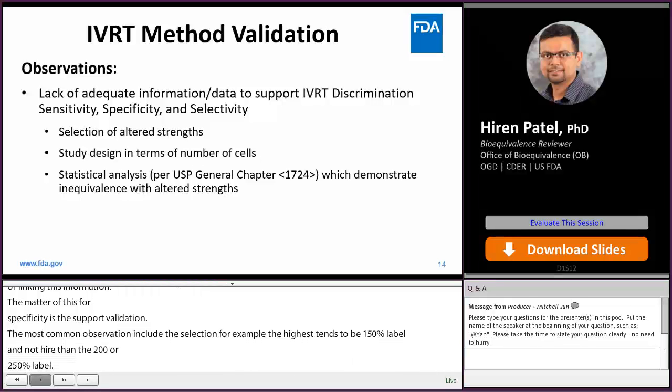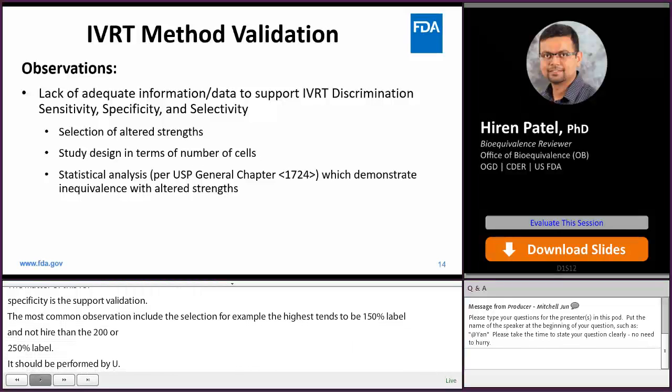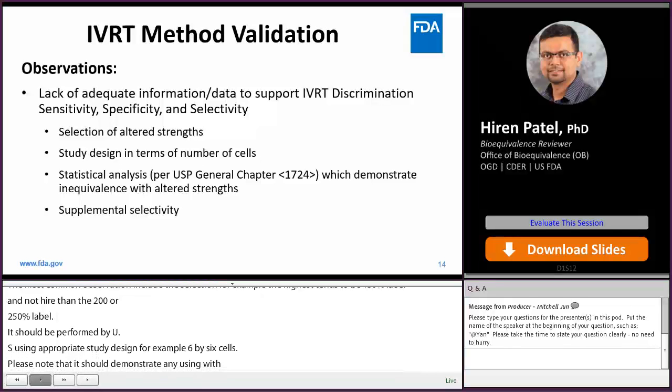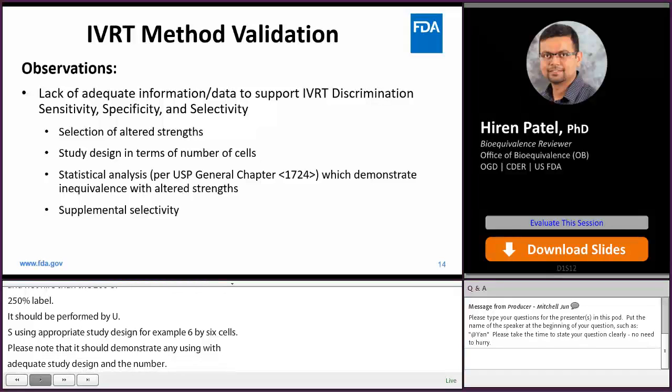Please note that the altered strength should demonstrate inequivalence compared to the nominal strength using the Mann-Whitney test with adequate study design and number of cells. It has also been noted that the submission lacks data for supplemental selectivity, which is carried out using the same strength of the drug product as the reference product. However, the formulation is designed in such a way that it provides a different release rate.